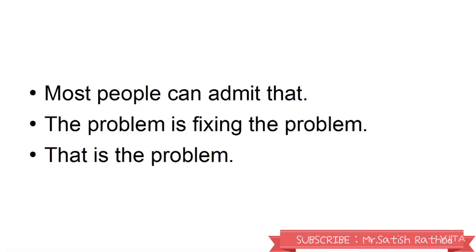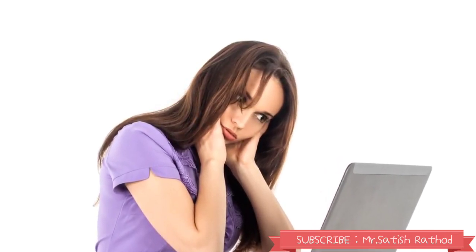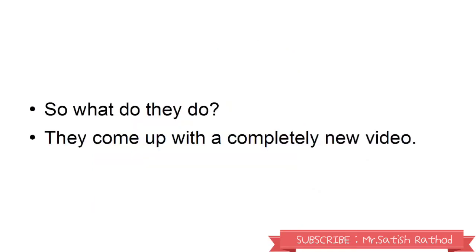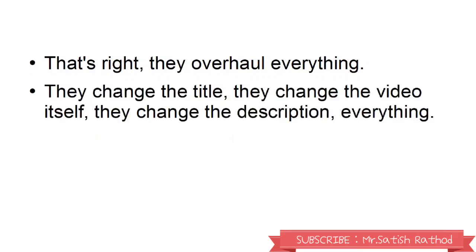That is the problem. I've seen this a million times before. A marketer would see that a video is obviously not performing. People are not watching it all the way through. People do not even click the link, and people are not sharing. So what do they do? They come up with a completely new video. That's right, they overhaul everything. They change the title, they change the video itself, they change the description, everything.